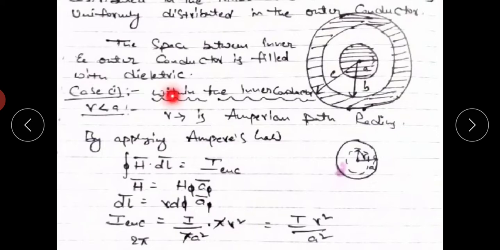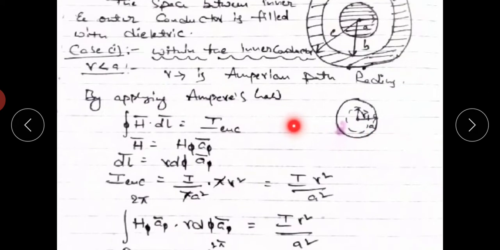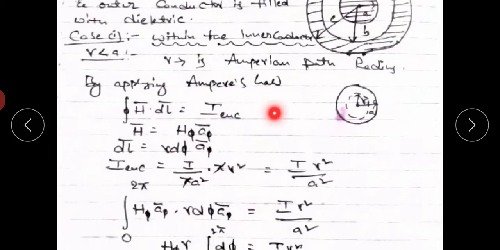So first, inside the inner conductor. Here we first have to draw the Ampere path, with radius r meters. By applying Ampere's circuital law, closed line integral of H dot dl equals I enclosed.